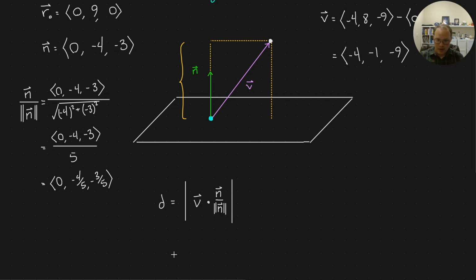So let's plug in. Vector V is -4, -1, and -9. I've already normalized the normal vector, and I found it to be 0, -4/5, -3/5.